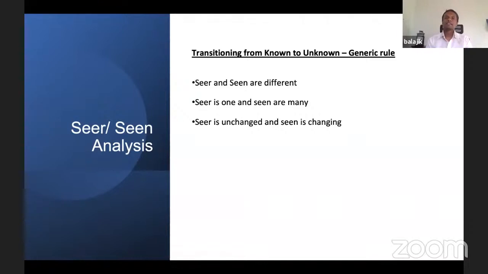So the seen is going to change. The objects which are feeding the mind are going to change, right? Those things are changing. Are we clear with this? Just want to make sure that we are all on the same page. Okay, fine.